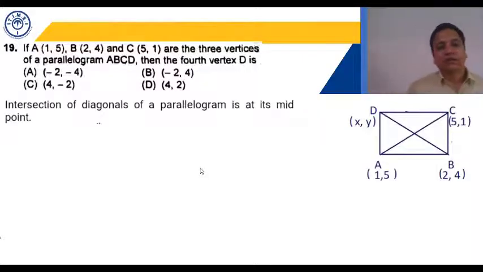So we draw a figure. ABCD is a parallelogram. Vertices are marked as A(1,5), B(2,4), C(5,1) and D as (x, y).